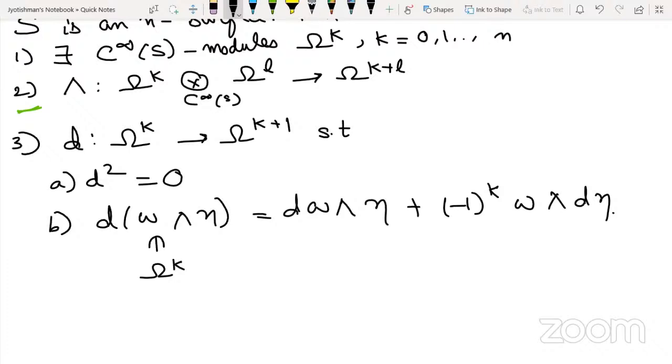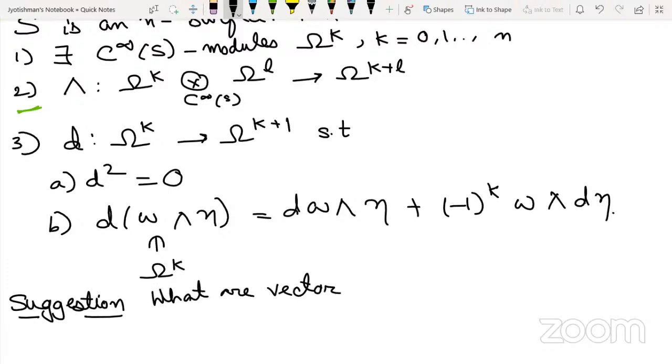So now suppose I am given a non-commutative algebra. So what to do? In order to define all this, the starting point was vector fields, right? So why don't we start by defining, suggestion: what are vector fields for a non-commutative ring?